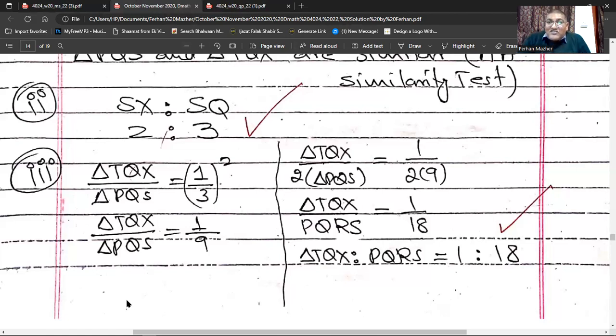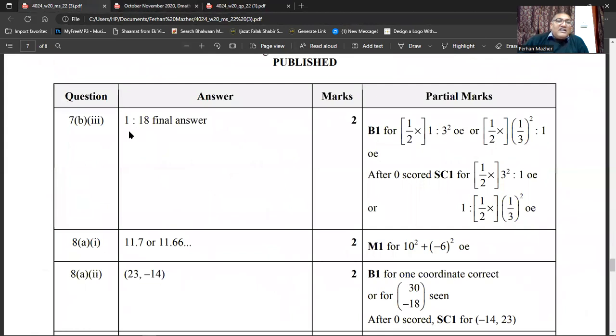When you double the triangle PQS, you will get that parallelogram. So the triangle TQX divided by the PQRS, which is the parallelogram, equals 1 by 18. So the ratio of the area of the triangle TQX to the area of the parallelogram PQRS will be 1 to 18. 1 to 18. A little tricky question.